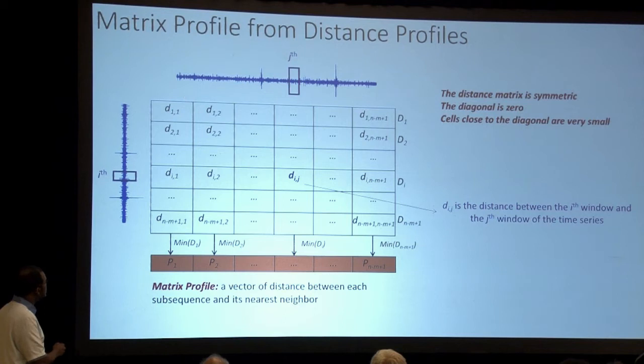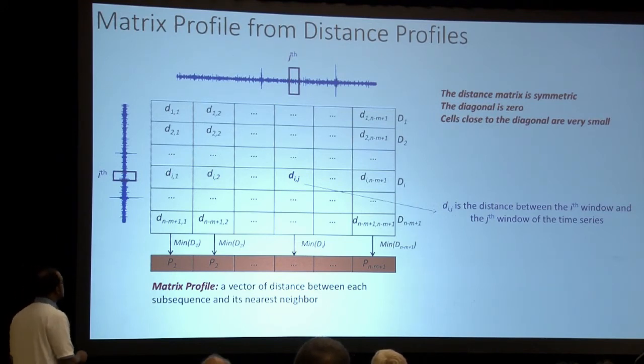And what we essentially do to create the matrix profile is take a column-wise minimum operation. So we calculate the minimum of the column and put it here. So P1 is the minimum of all these values, and effectively, since it's symmetric, the first column and first row are the same, and the first row is D1, so you take the minimum of D1 and get P1, and so on. So this is your matrix profile, P.